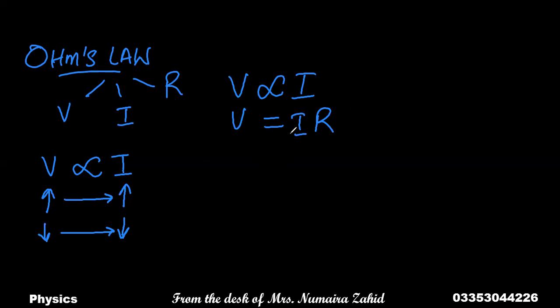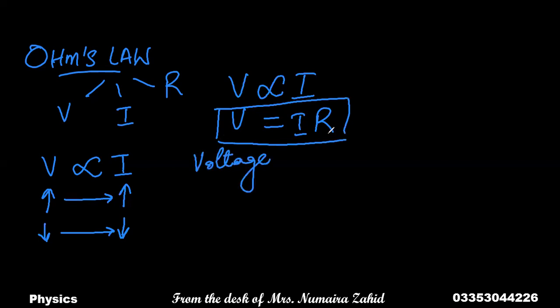Whenever current flows through a conductor, that conductor has a specific resistance, because the resistance of different materials is different. So in V is equal to IR, the relationship between voltage and current, the resistance of the conductor plays the role of a constant value. Voltage is equal to current multiplied by resistance.